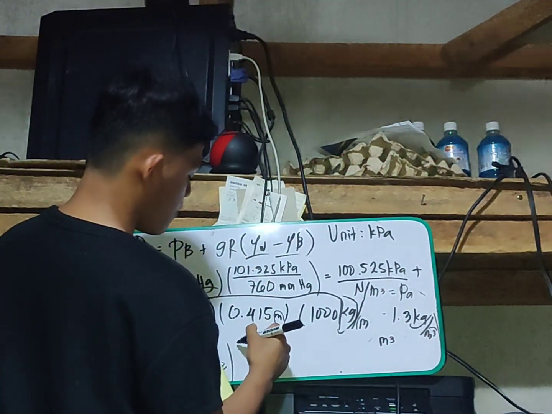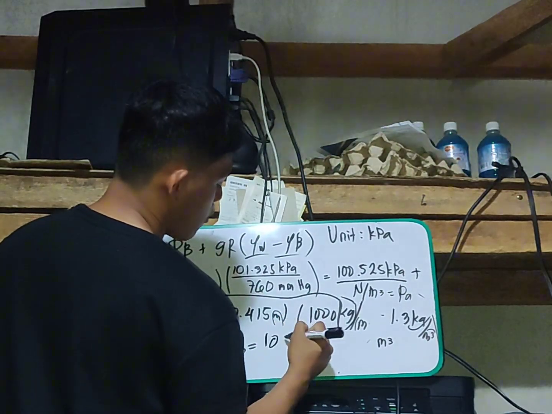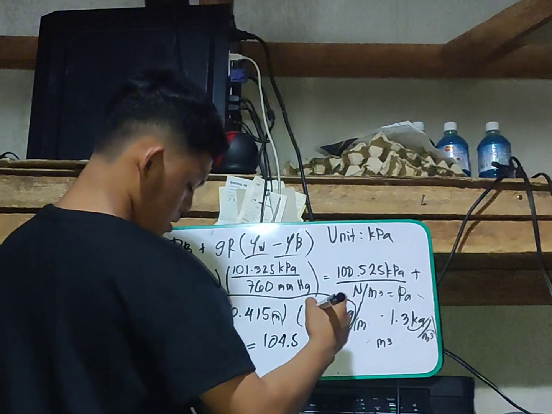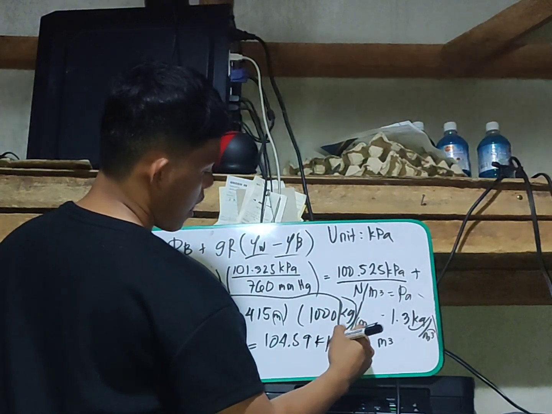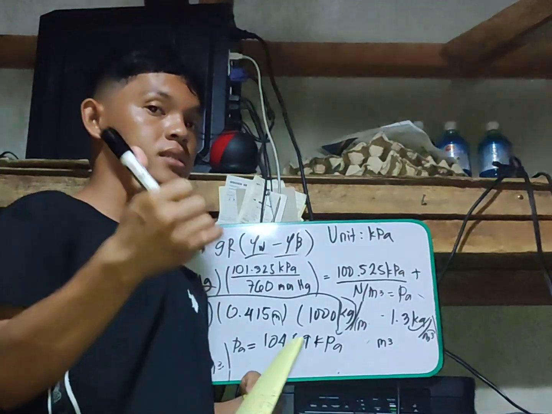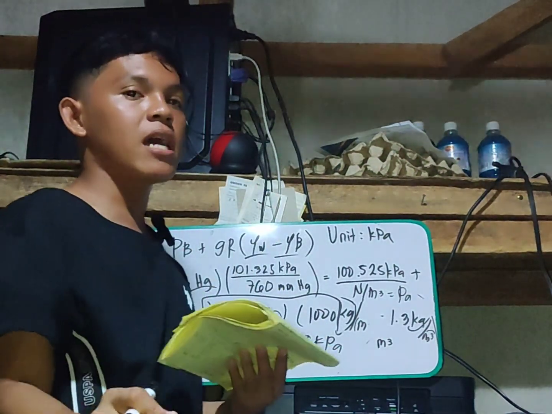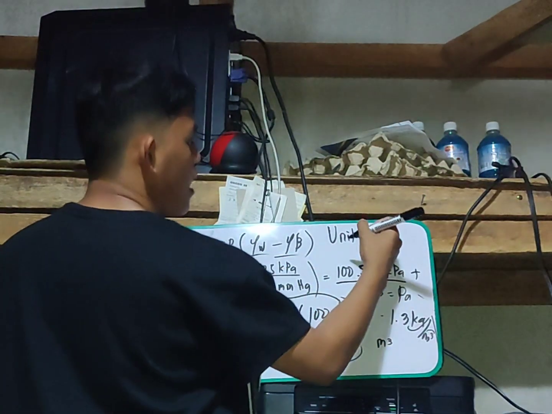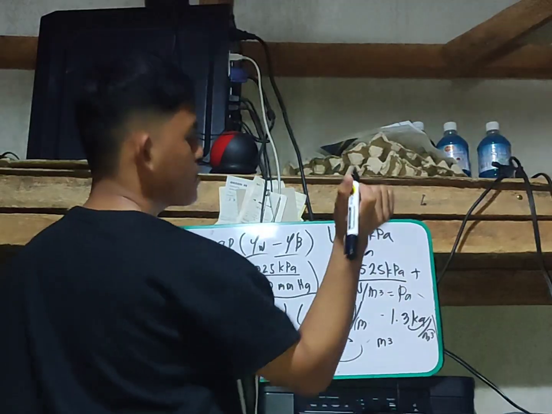So, ang sagot dito overall, A pressure is equals to 104.59 kilopascal. Gets? Pero, di ba, dalawa yung problem natin kasi ang kukunin natin is kilopascal at saka ang ating PSIA.